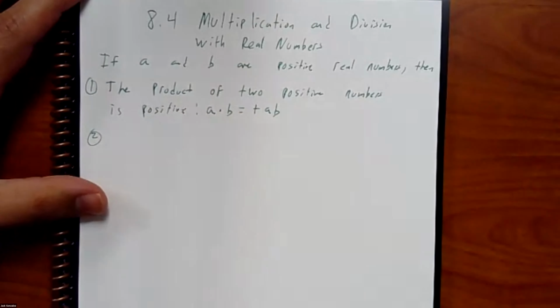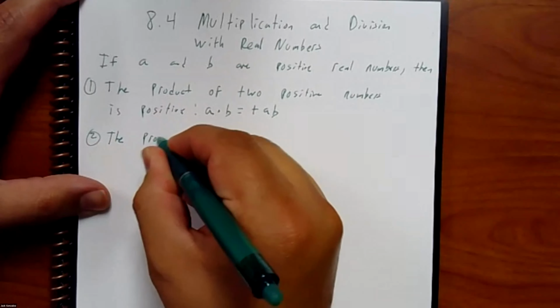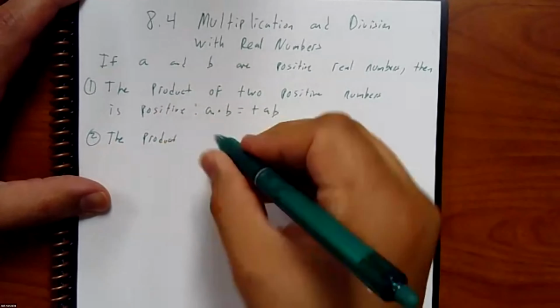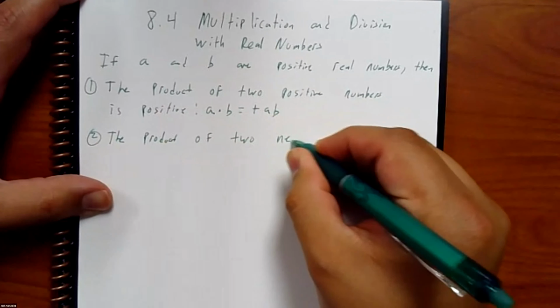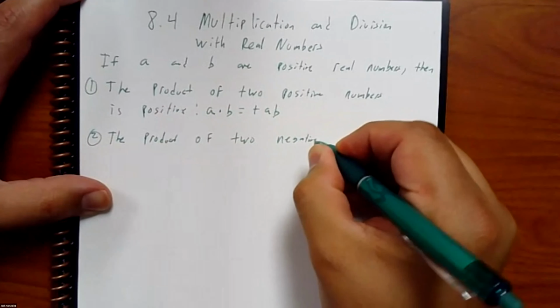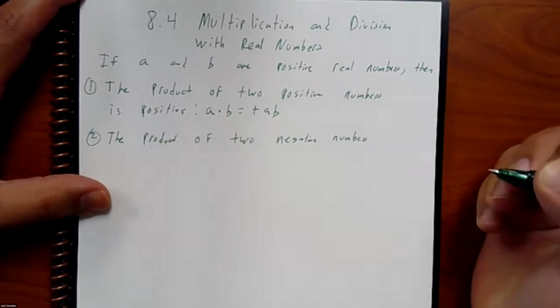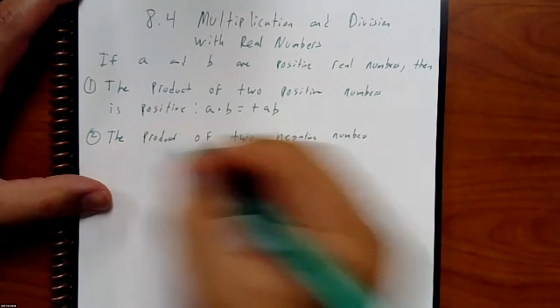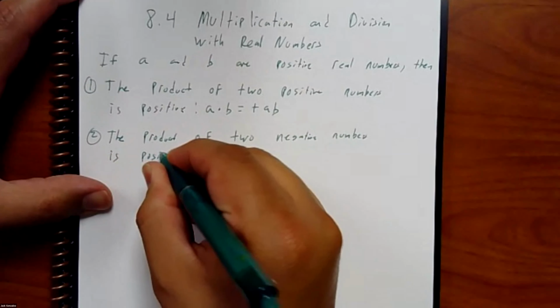Number 2. The product of two negative numbers is positive.